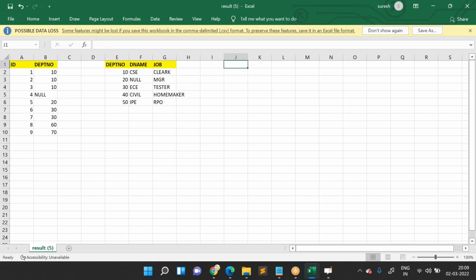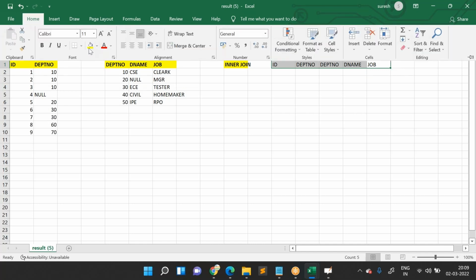So first one is inner join. So what are the values? ID, DEPT number, again DEPT number 2 times, and dname, job. This is the data I'm expecting for all the joins.